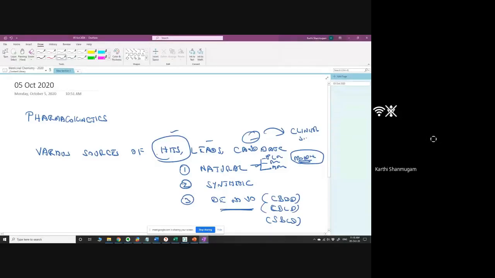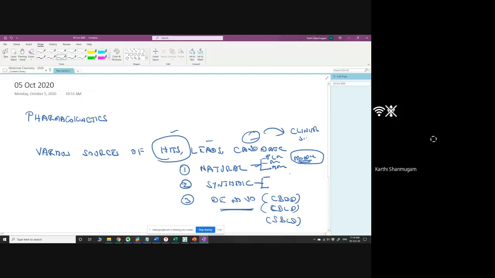Coming to synthetic: sometimes you may not be successful going with nature as the source, and you may need molecules which are not naturally available. In that case, we can go with synthetic. There are two broad ways we can use synthetic chemistry to identify hits, leads, and candidate drugs.